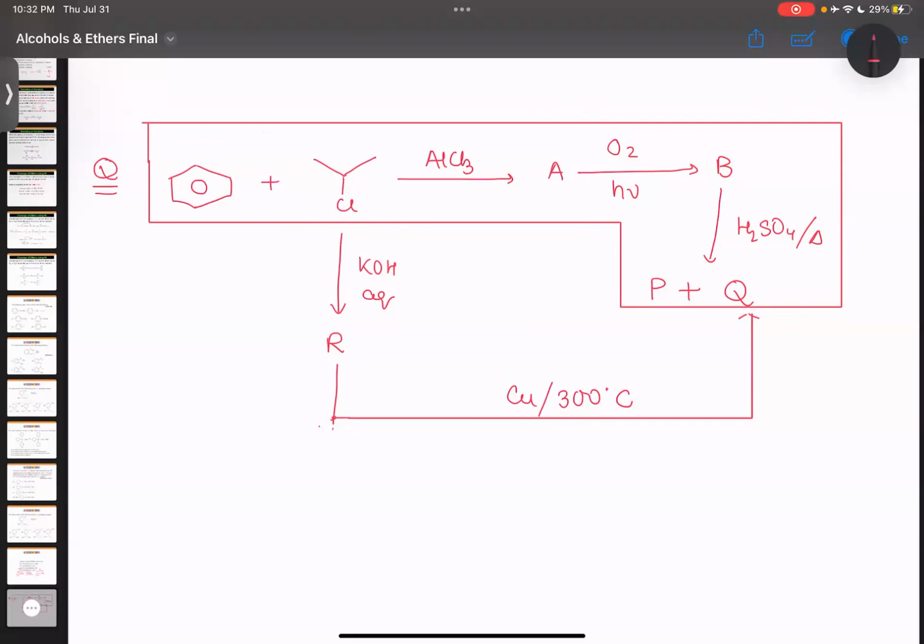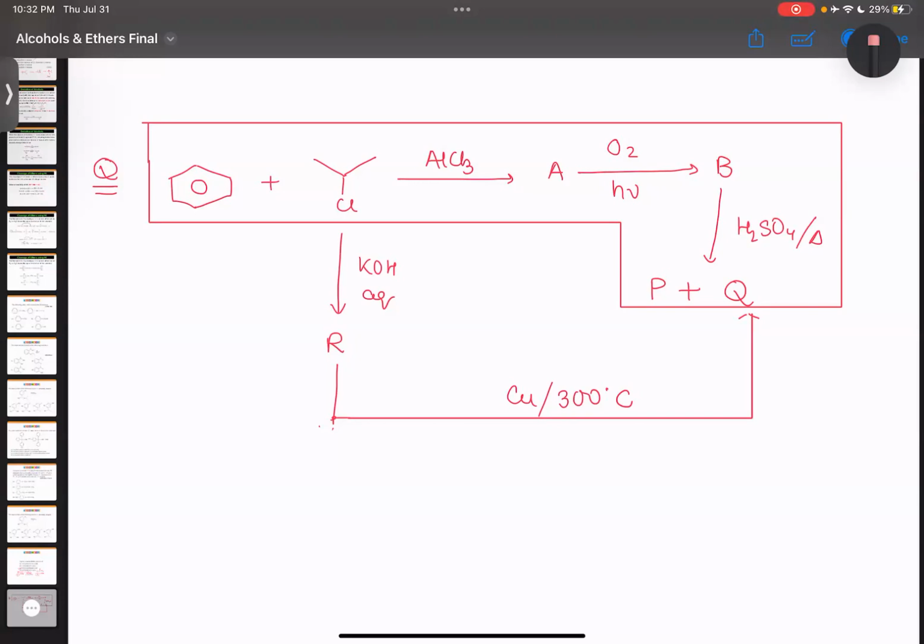If we have benzene with the chlorine thing, which reaction is this? Can you recall it? This is something related to the preparation of phenol. In the box, first try to solve it out. Then try to move towards the outer part.